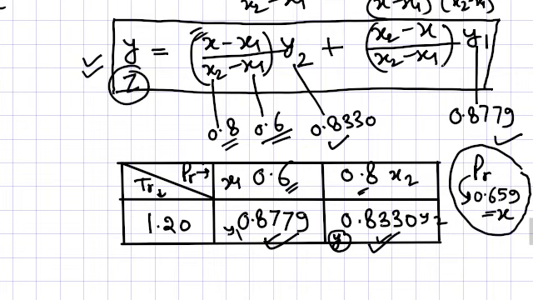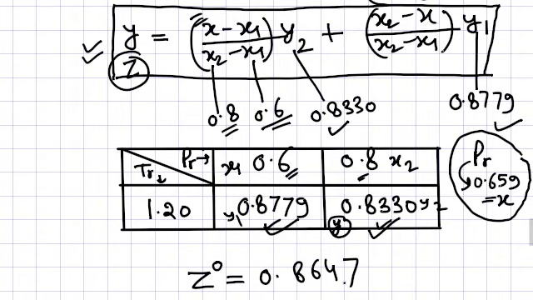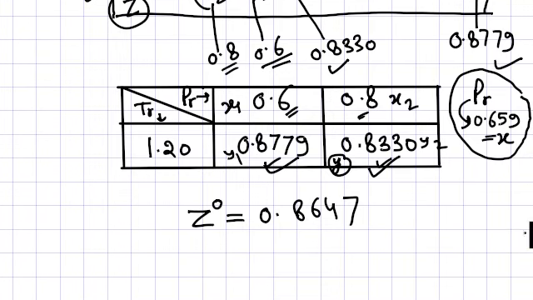So when you calculate this, you will find z, actually that is z naught we are finding. So that z naught you will get this. You can see how this value has come in between.